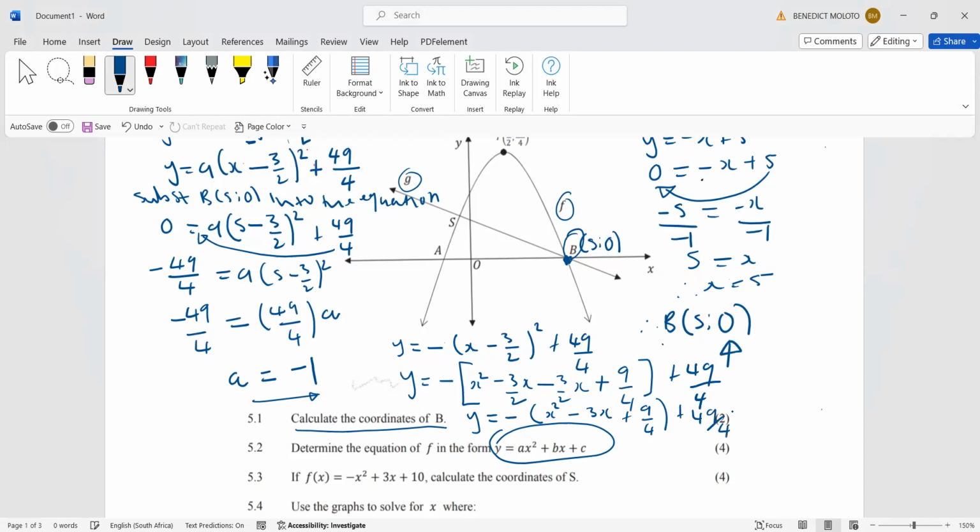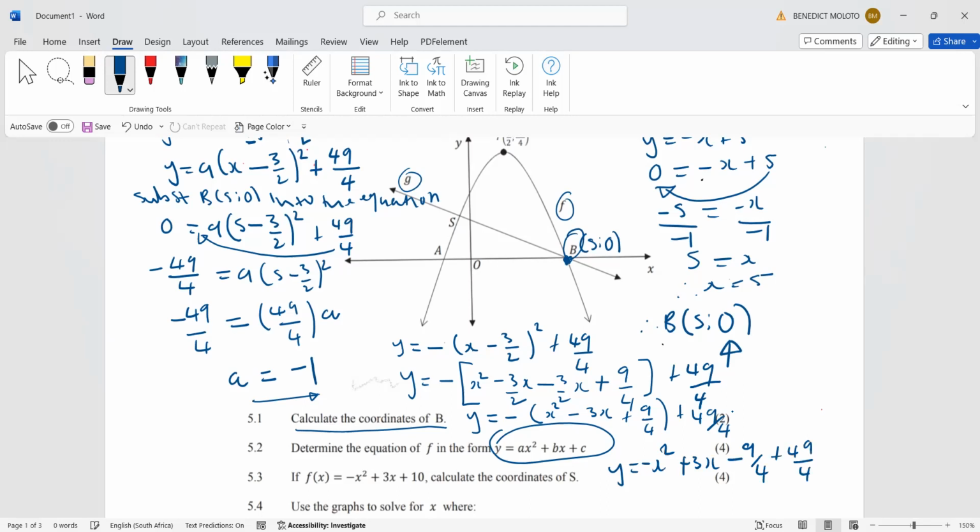Then we multiply by the negative to remove the brackets. It's negative x squared plus 3x minus 9 over 4, because negative multiplied by positive is negative, plus 49 over 4.